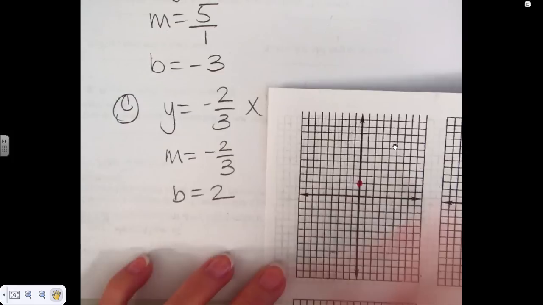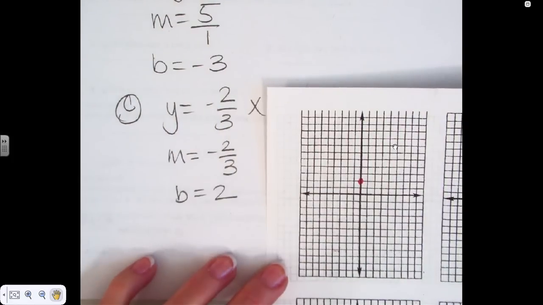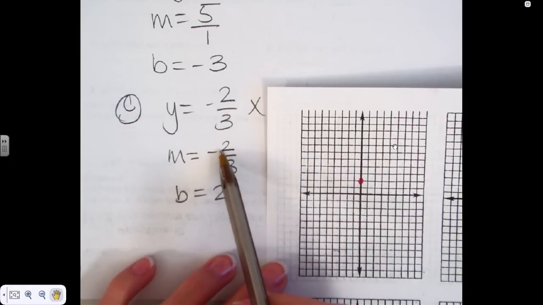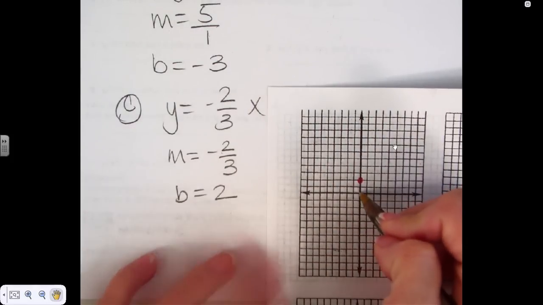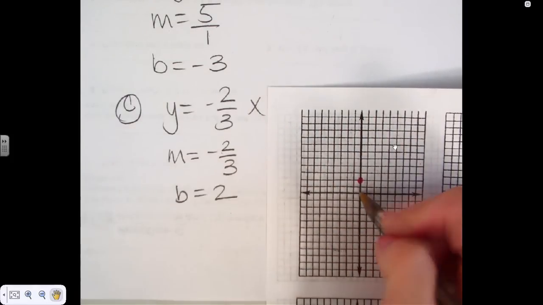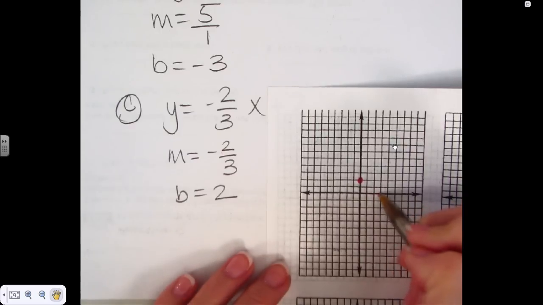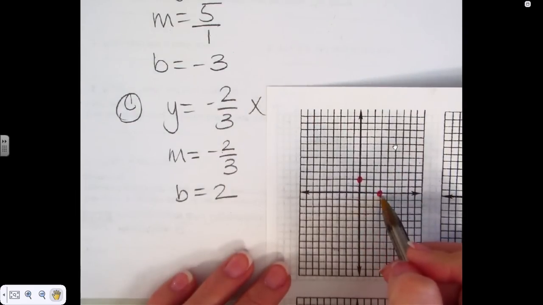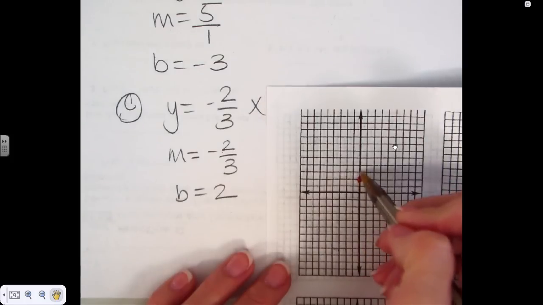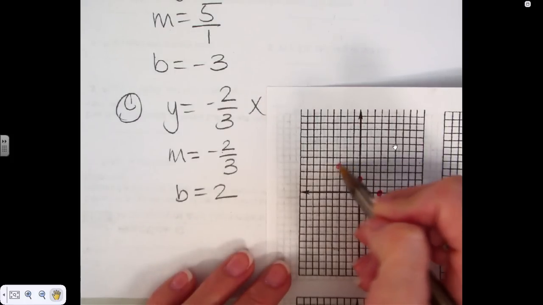Now this one's different. It says my slope is negative 2/3. So automatically you should think, well, negative means I'm going to go down. So I'm going to go down 2, and then right 3. So if I went down 2 and right 3 to get my point on this side, I need to go up 2 and left 3.